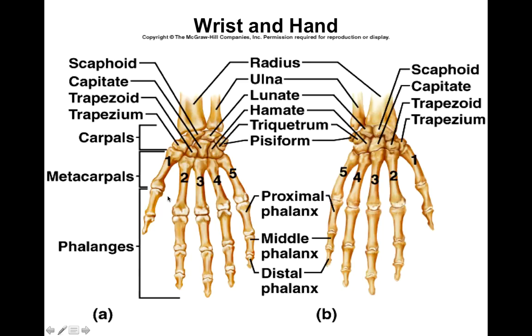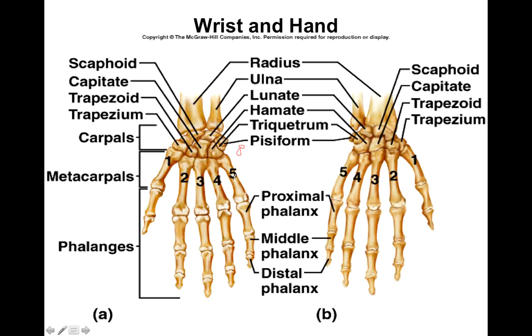Bones of the wrist and hand. You don't have to memorize the specific bones of the wrist for this class. You just have to know that they are called the carpal bones. Each wrist is made up of 8 carpal bones.